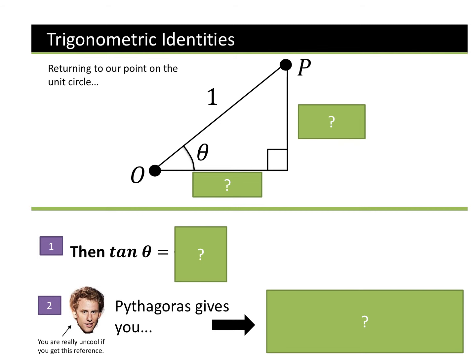Okay, so trigonometric identities. Returning to our unit circle, when our hypotenuse is 1, our sine is our opposite over hypotenuse, isn't it? This gave us the sine.